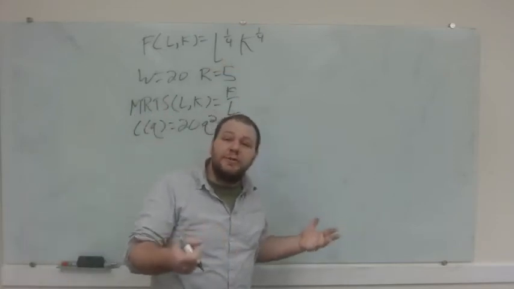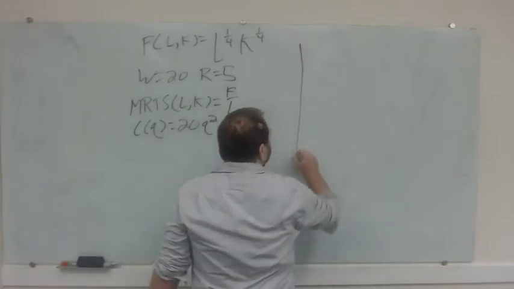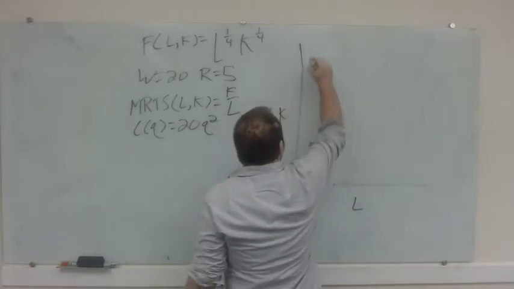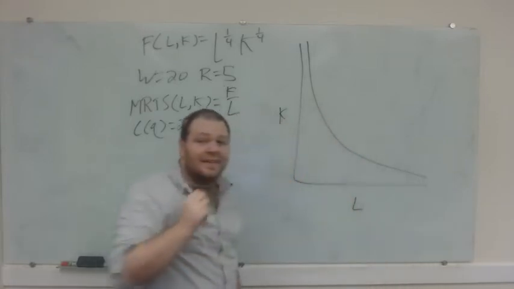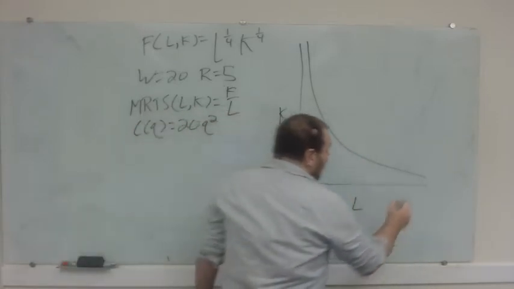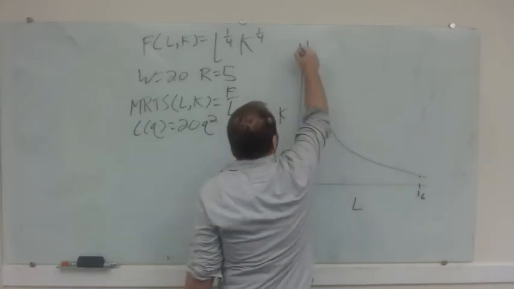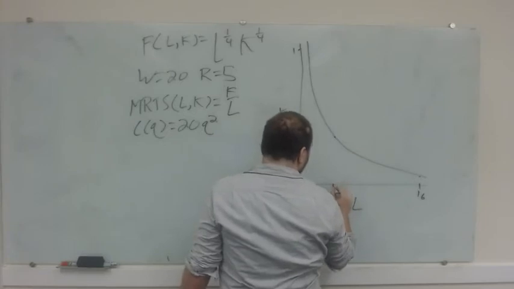One's a monotone transformation of the other. What that means is, if I wanted to draw isoquants, they would look exactly the same. I could still have an isoquant where 16 and 1, equivalent to 1 and 16, is equivalent to 4 and 4.